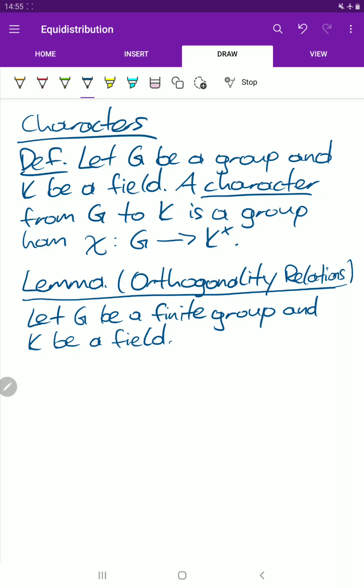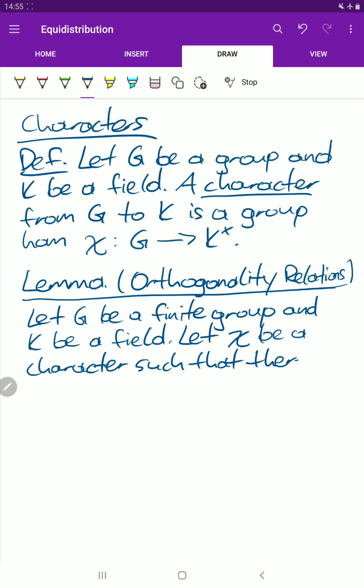Okay, and now we take a character. So let chi be a character such that there exists some G0 in G with chi of G0 not equal to 1.